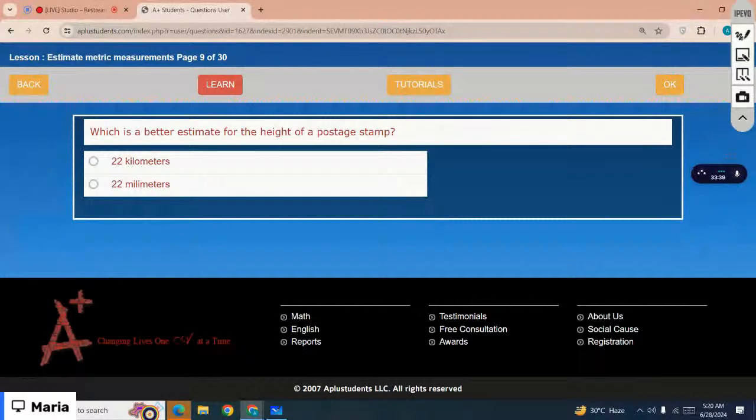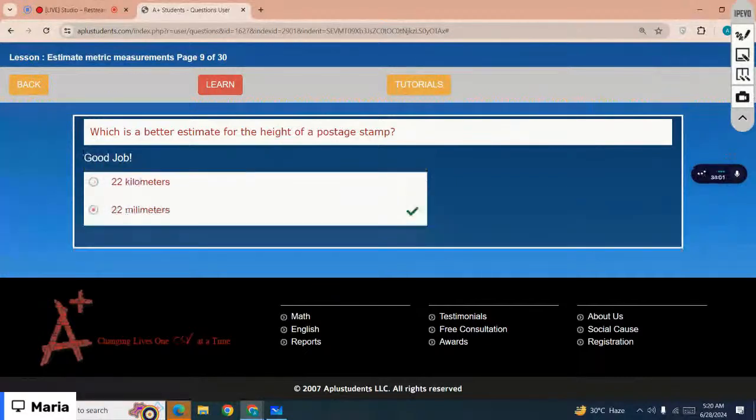Which is the better estimate for the height of a postage stamp? Which is the correct option? That is 22 millimeters. Option number two is the correct option.